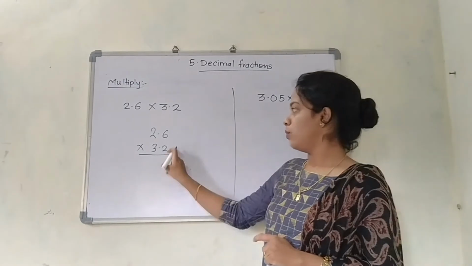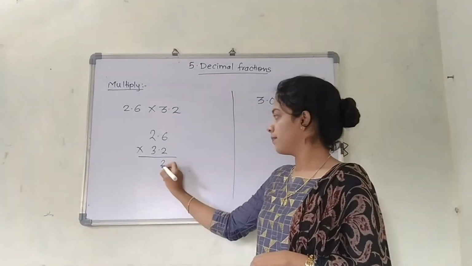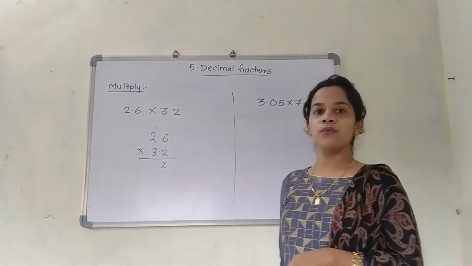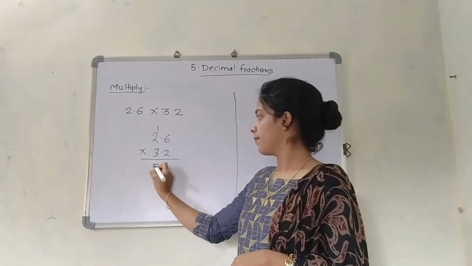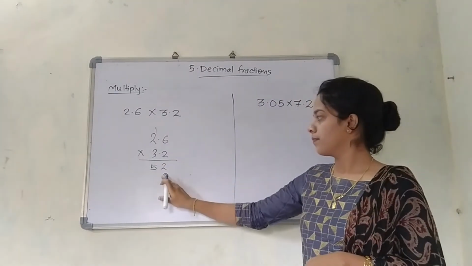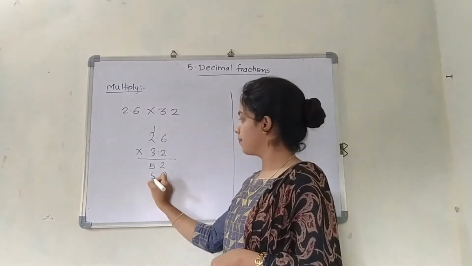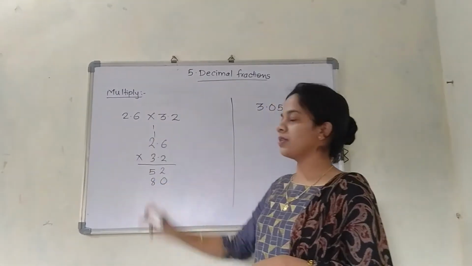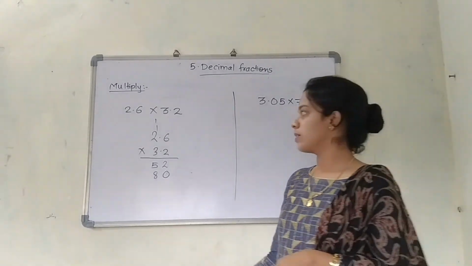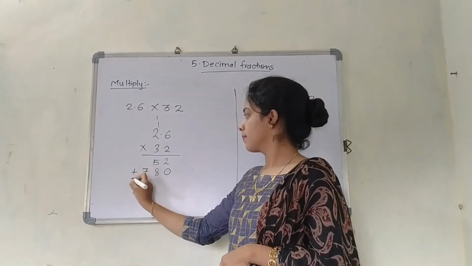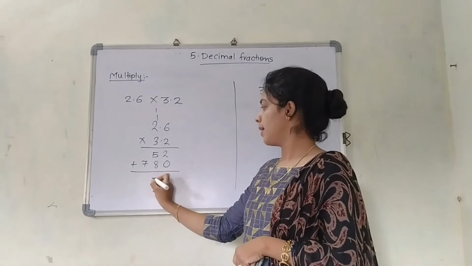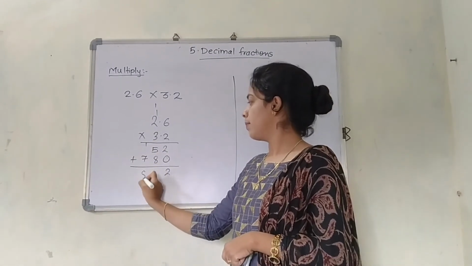Now just see over here, 2 6s are 12. 2 2s are 4, 4 plus 1, 5. 0 over here. 3 6s are 18. 1 on the top. 3 2s are 6, 6 plus 1, 7. 2, 5 plus 8 is 13 and this will be 8.